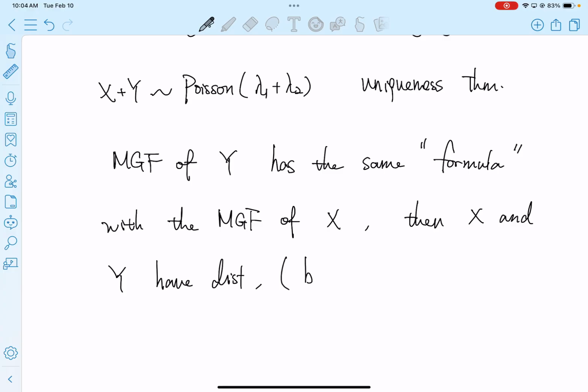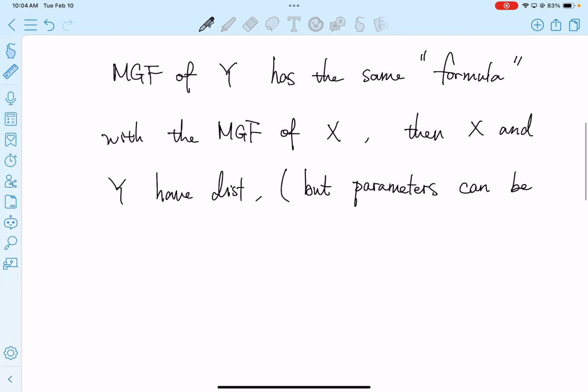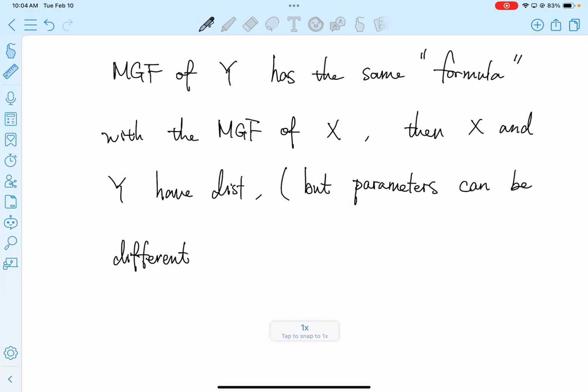But one caveat here is that the parameter may be different, and it will depend on the result.